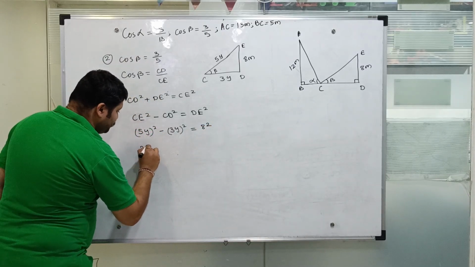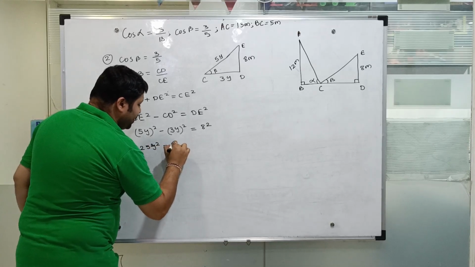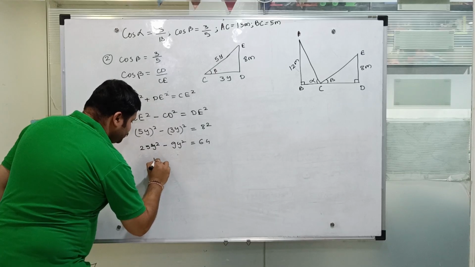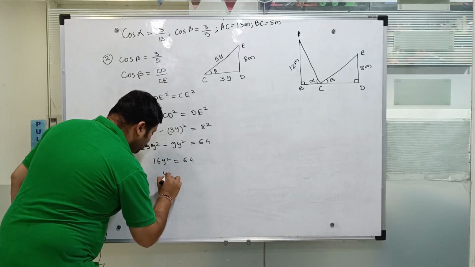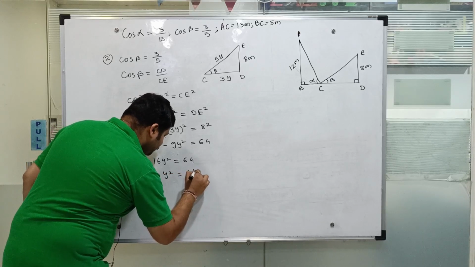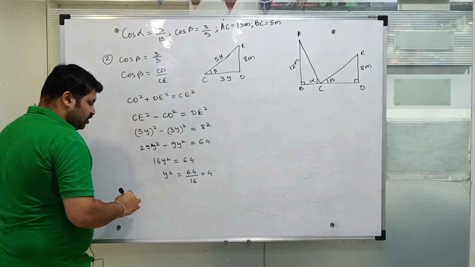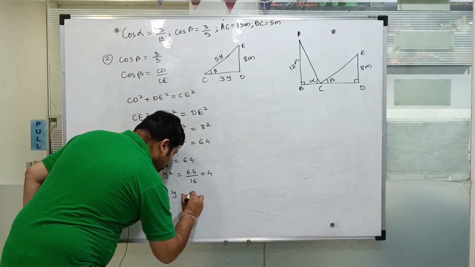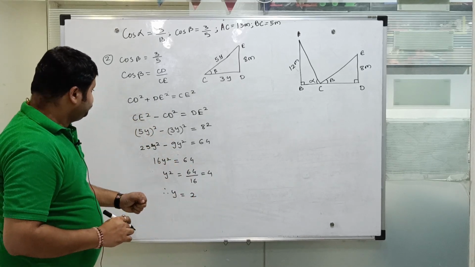So this would be 25y square minus 9y square is equal to 64, or 16y square is equal to 64, or y square is equal to 64 by 16, so that is 4. Therefore, I can write y is equal to 2, that is root of 4.